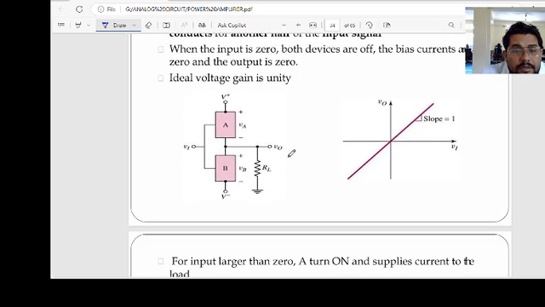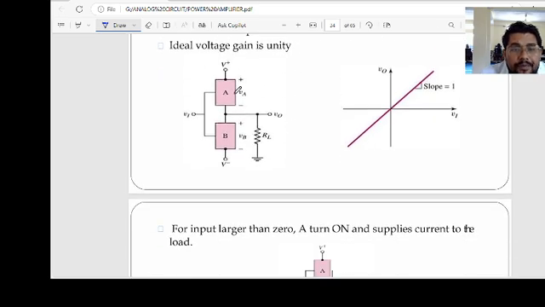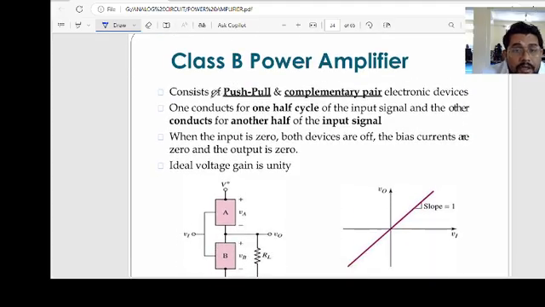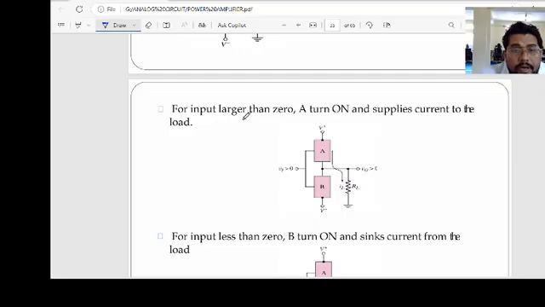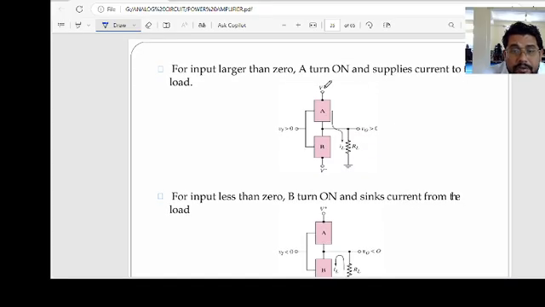This is the one transistor. You can consist of two push-pull amplifier. So for input larger than 0, it turns on and supplies current through here. Input is larger, then current goes through here. One time this must be off and next time this must be on.